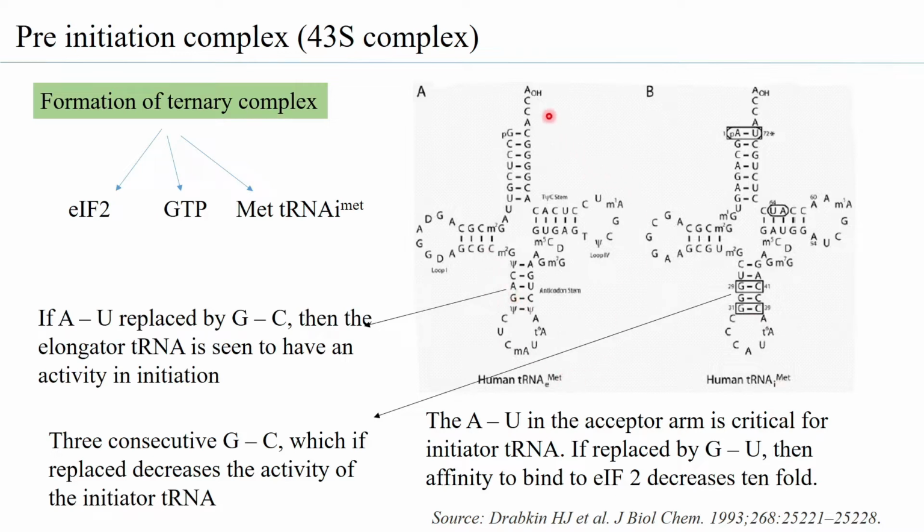And these studies have been done in which, in the elongator tRNA, when the AU is replaced by GC, you would have three consecutive GC formed even in the elongator tRNA, and thereby it has been observed that this elongator tRNA could function as the initiator tRNA. So these are certain interesting aspects of the structure and the functions of the initiator tRNA and the elongator tRNA.